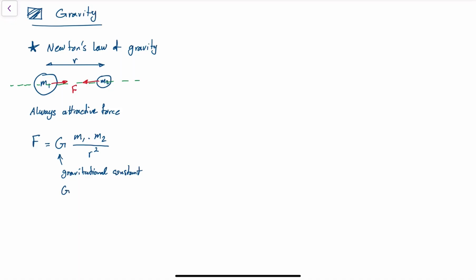It has some value. It is really, the value doesn't matter that much. It is 6.673 times 10 to minus 11 meter cube by kilogram second squared. Is the unit correct? Probably not.